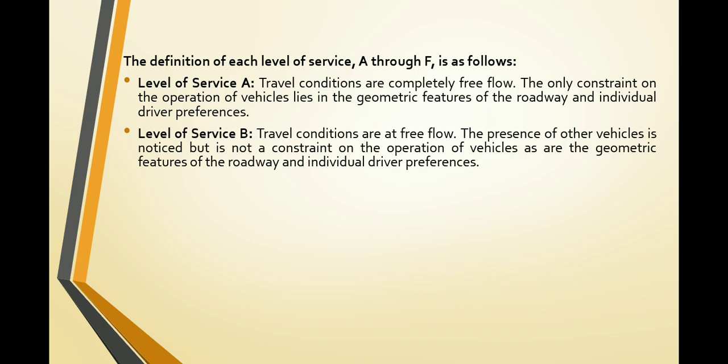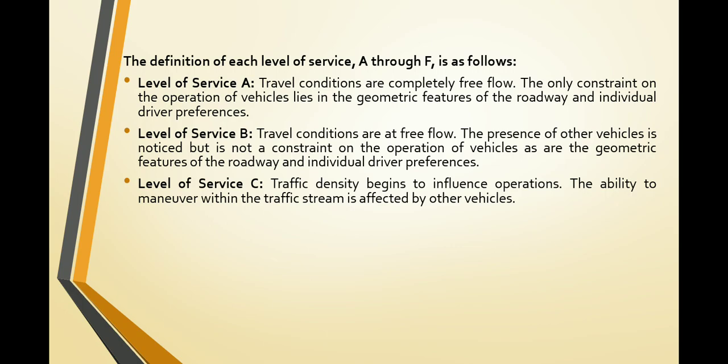Level of service B, travel conditions are at free flow. The presence of other vehicles is noticed but is not a constraint on the operation of vehicles, as are the geometric features of the roadway and individual driver preferences.